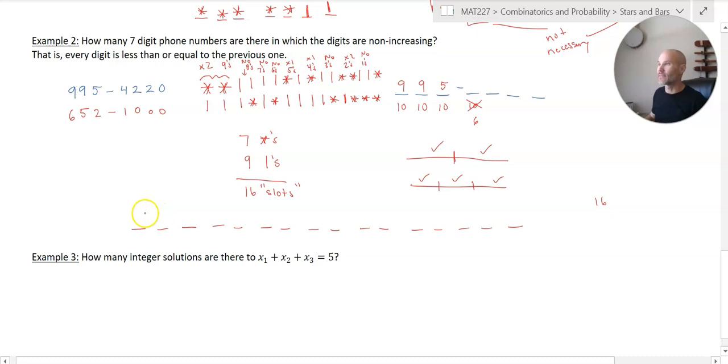So maybe my 7 stars, and just to keep this simple, will be here, 2, 3, 4, 5, 6, and 7. So there are 16 combination 7 ways to do that.